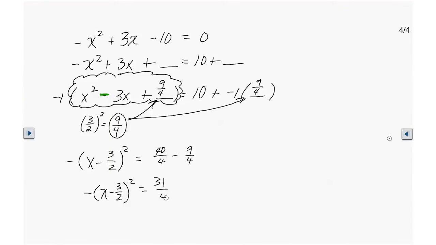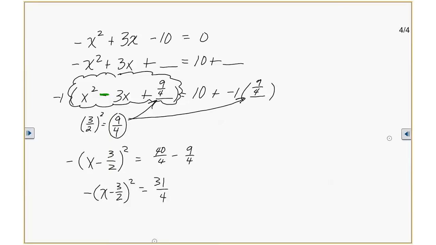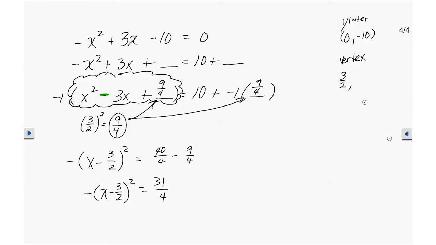4. Now, at this point, we stop and we go over here and we'll say, okay, the y-intercept is (0, negative 10). Our vertex is (3 halves, negative 31 fourths).